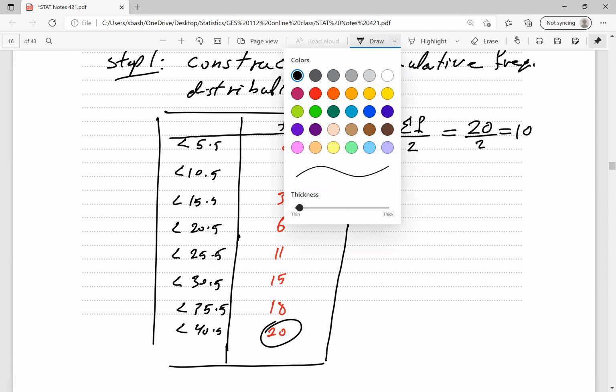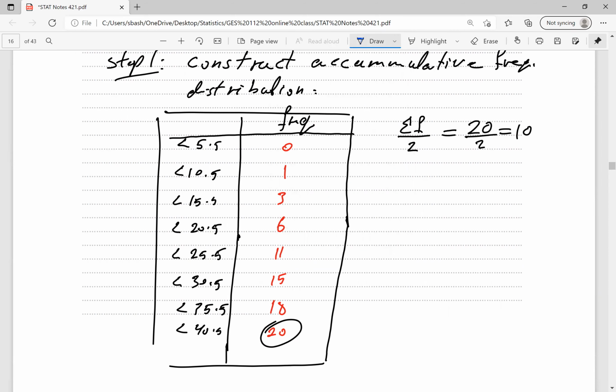Now the value 10 is between 6 and 11. It is in this position. So the upper one will be the upper boundary, and the lower one is the lower.